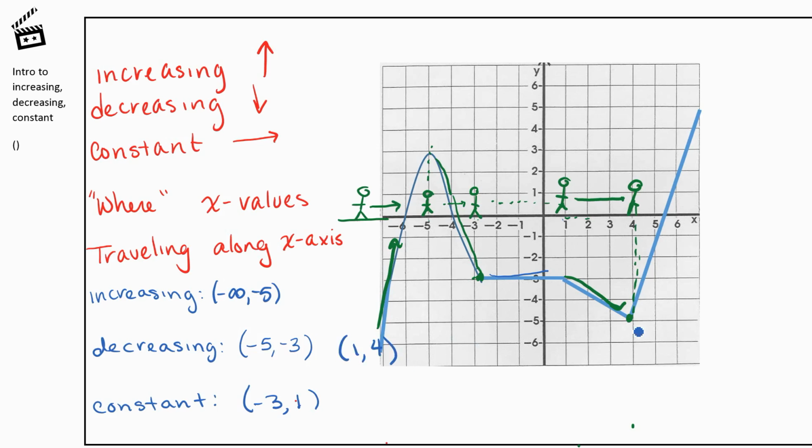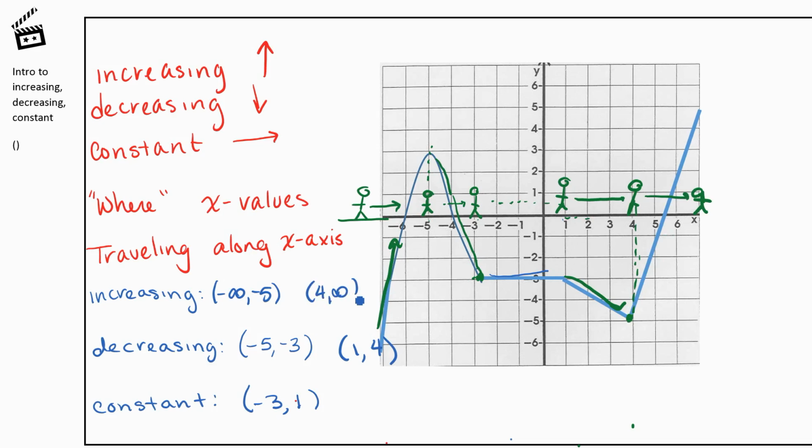And from now on, the graph is going to go up again. As we walk off into the sunset, or off into infinity, our graph is going to go up, up, up. It's always going to be increasing. So from 4 to infinity, the graph is increasing.